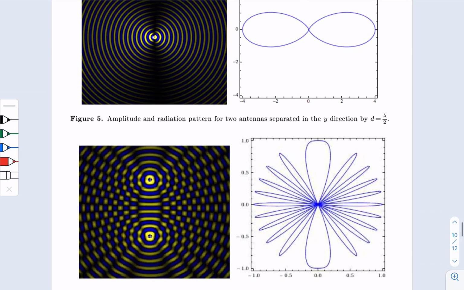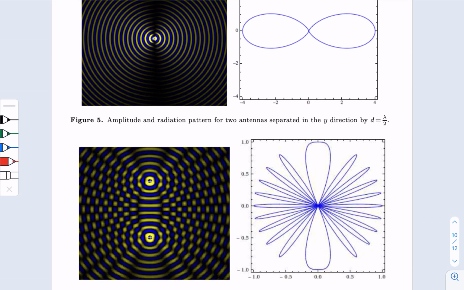So if you let your sources move slightly away, so this is not only lambda over 2, but multiple wavelengths far away from each other, then you can even create interference patterns that are strange or have multiple small lobes over here.